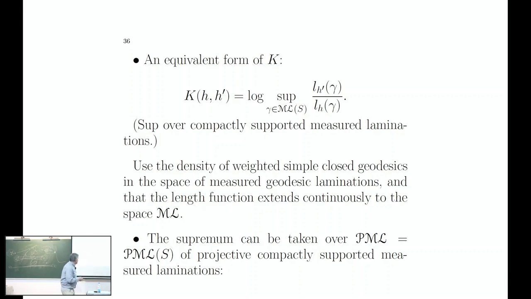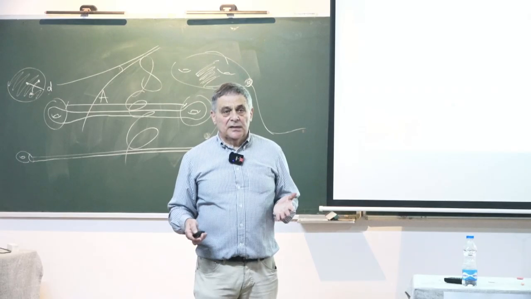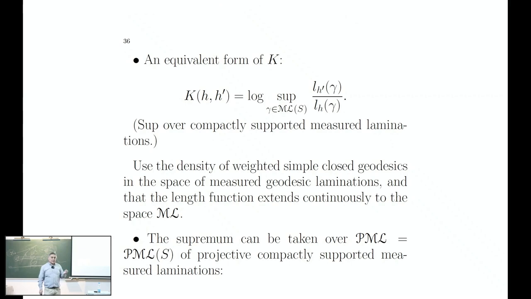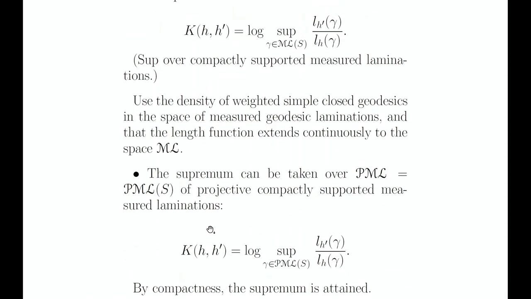And this is very important because, as I told you last time, the projectivization of measured foliation space is compact. And when you take the supremum over some compact set, there is a point which realizes the supremum. So here is what I'm saying: the supremum can be taken over projective compactly supported laminations.